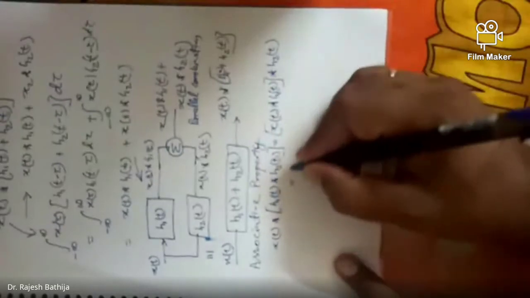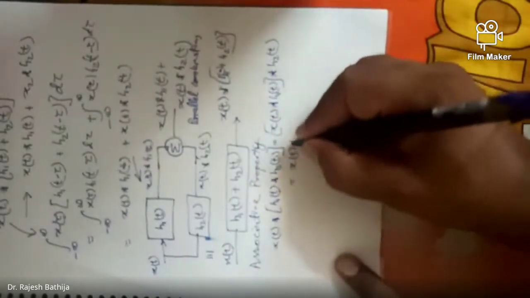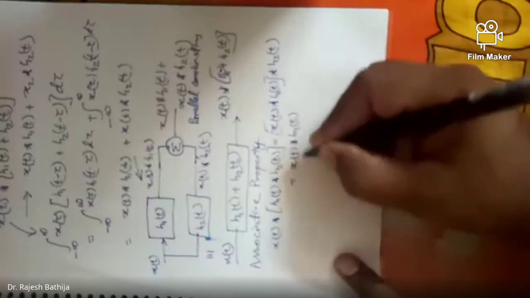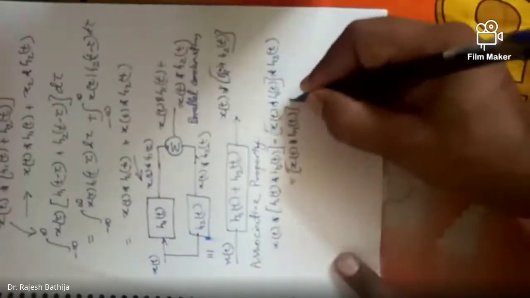Or we can write it like this: x of t convolved with h2(t) first, and then convolved with h1(t).